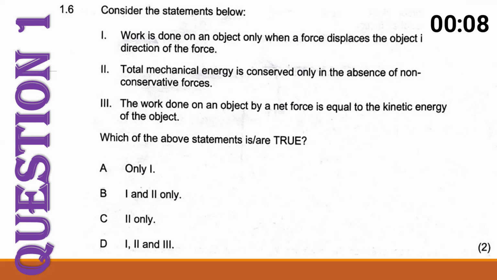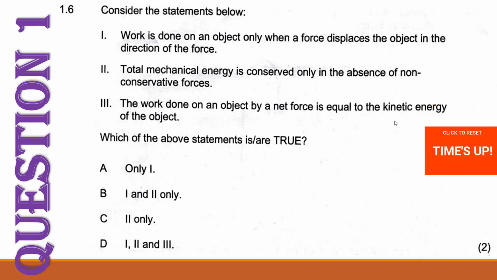Work is done on an object only when a force. Okay, let's check. Time's up. All right. Work is done on an object only when a force is placed on the object in the same direction as the object's displacement.